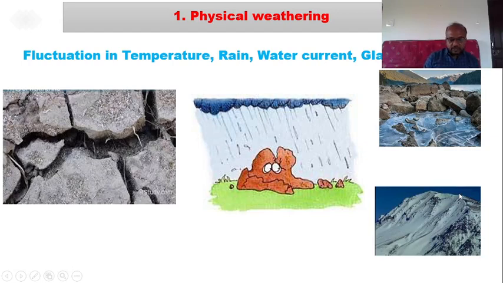And the next one is glaciation. Glaciation means large snow falling also erodes a large number of rocks. Due to all this activity, the soil particles flow and are deposited at one place.